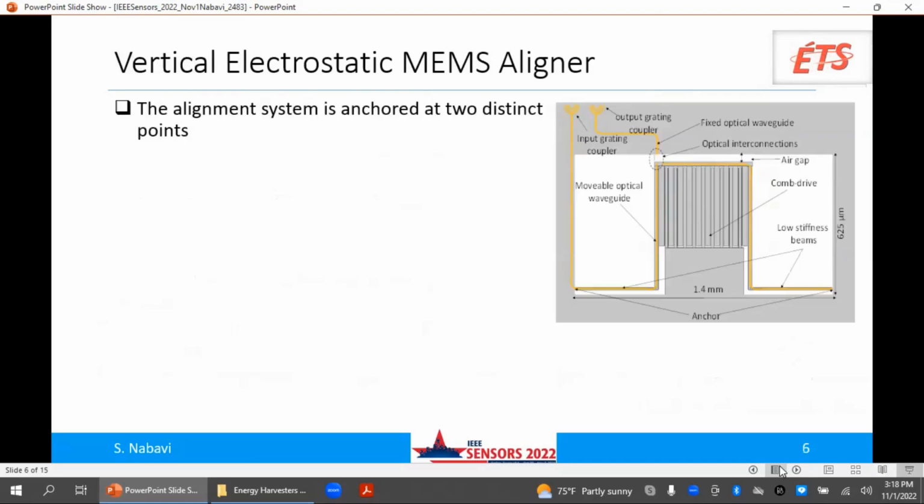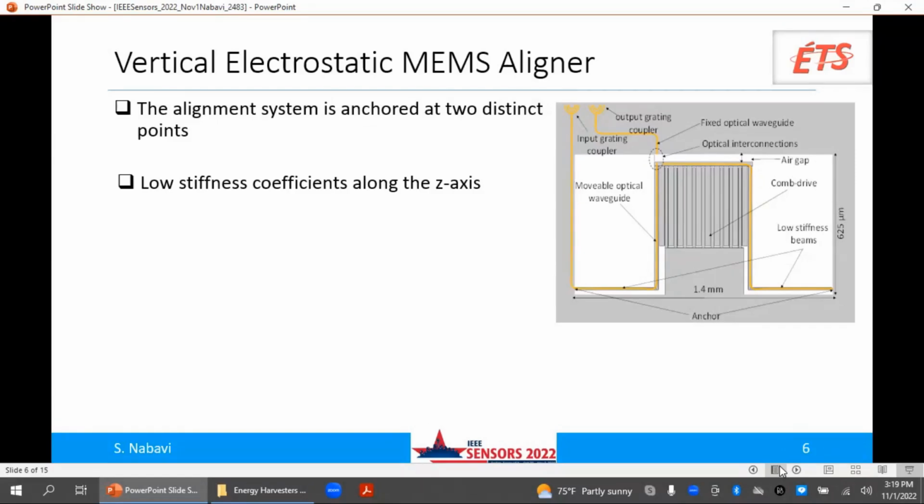So here you see the schematic of this micro aligner and actuator. This aligner is anchored from two points and also has a low stiffness beam along the y-axis. At the center of this aligner, I have a regular comb drive. Here I have to mention that this comb drive and the movable finger are located in the same plane.